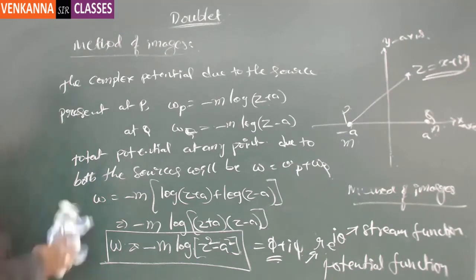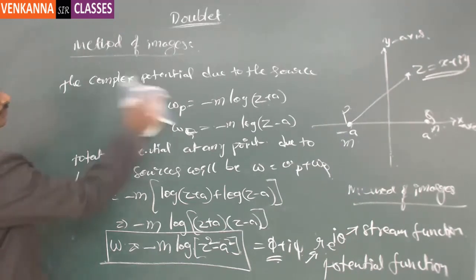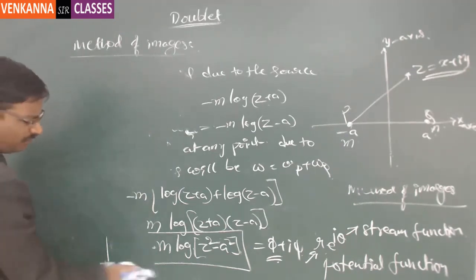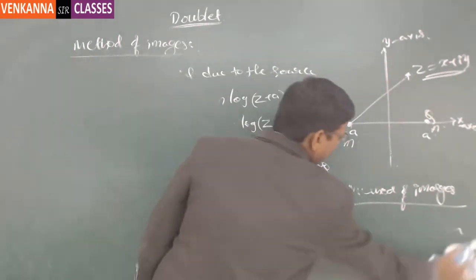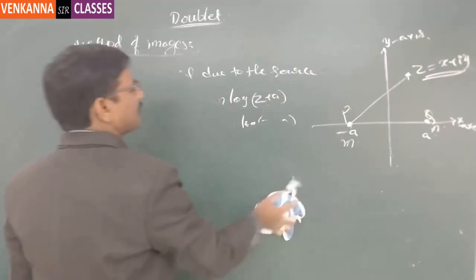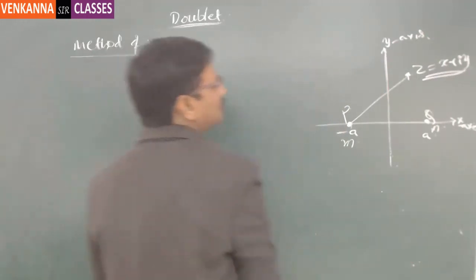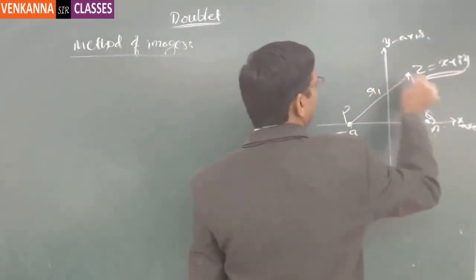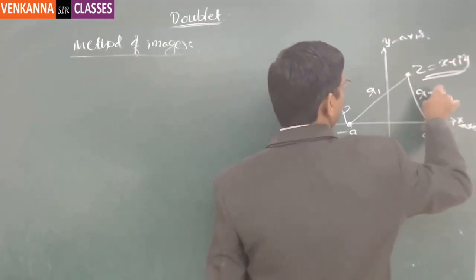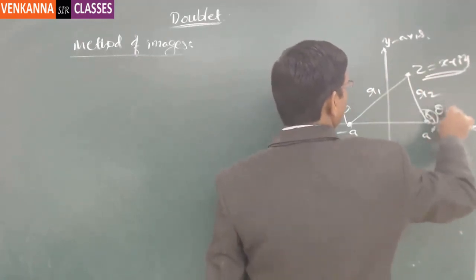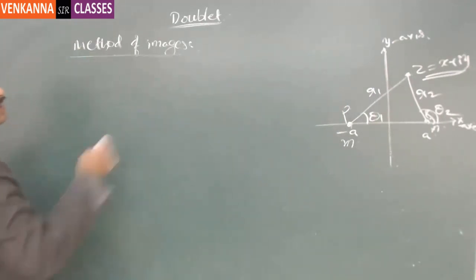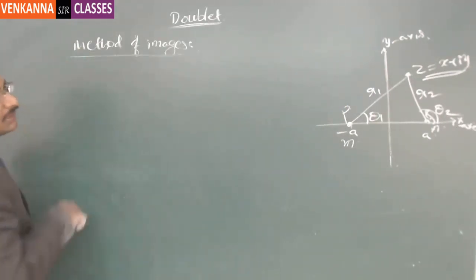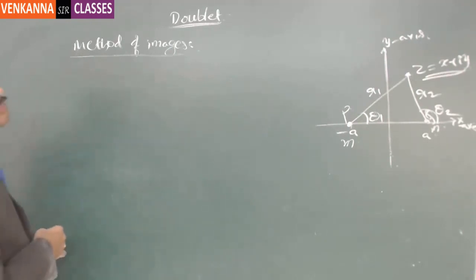Okay. So same thing, let me analyze in polar form. In the polar form, let us say I call this R1 and this R2, and this angle is theta 2 and this angle is theta 1. Then you can represent R1 e power i theta 1 from the location of z minus a.